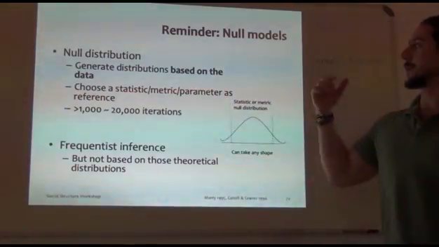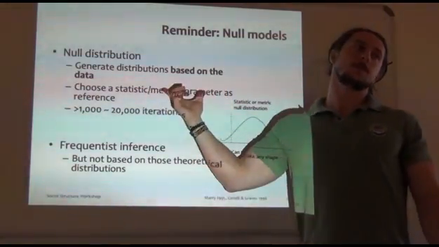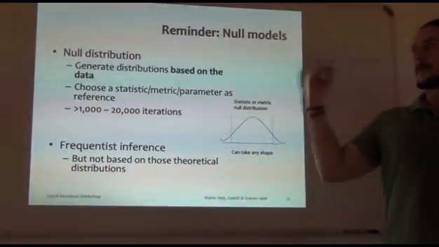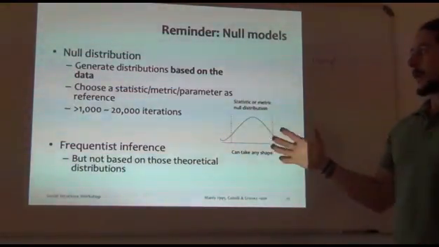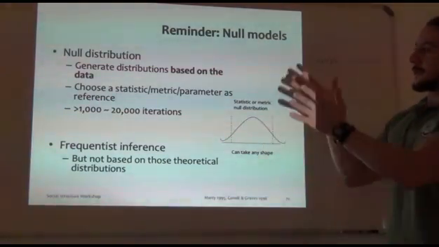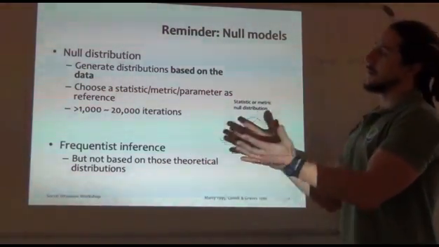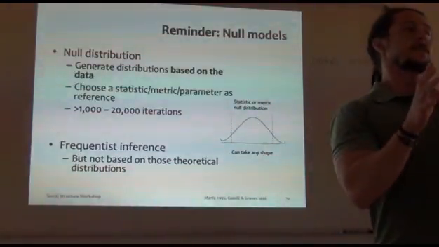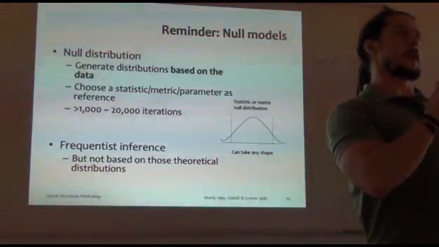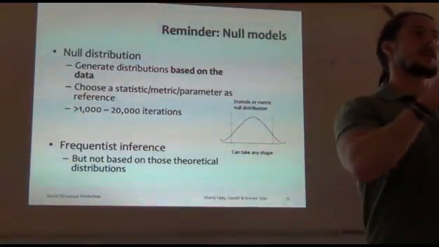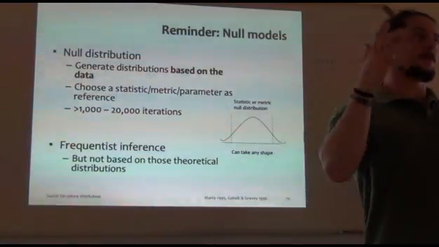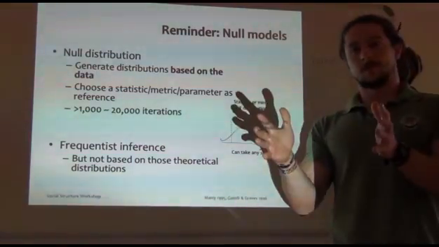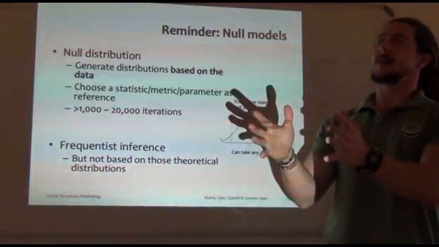We're going to choose a metric this time, a network metric. Could be the modularity, for example, could be connectance, or whatever metric you want. The idea is you calculate it for your empirical network, then we go back to either our raw data, the group by individual matrix, or association data, and then shuffle them according to some rules, and plot the network again, calculate that metric, and save.